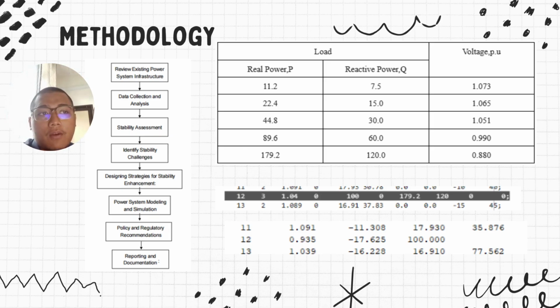For the 100 megawatt, the voltage per unit is 0.935, so it increases from 0.880 and is close to 1 per unit. So the system becomes normal again. So that's all from me. Thank you.